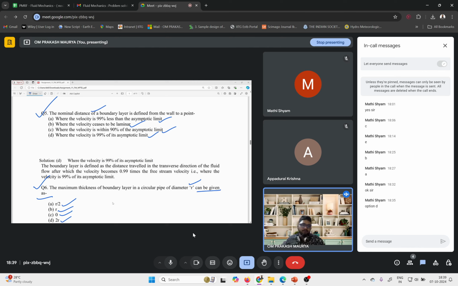Which option will be correct? Please try to give your answer. Just think on that. In the first question, I also explained the pipe, how velocity propagates in pipe flow. If you think more, you can definitely answer this question very easily. Question number 6.